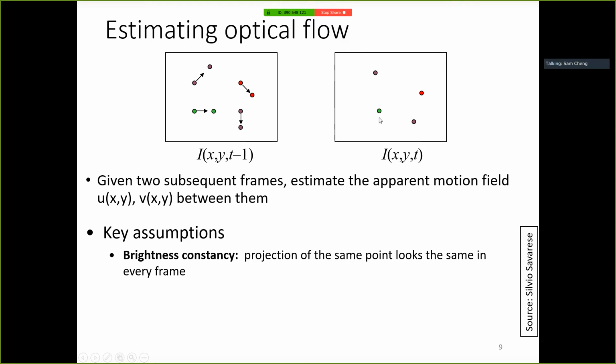Next time I move to here. The color and, say, the intensity doesn't change too much. So I assume this so-called brightness constancy. I assume that the points just look the same, here and there.